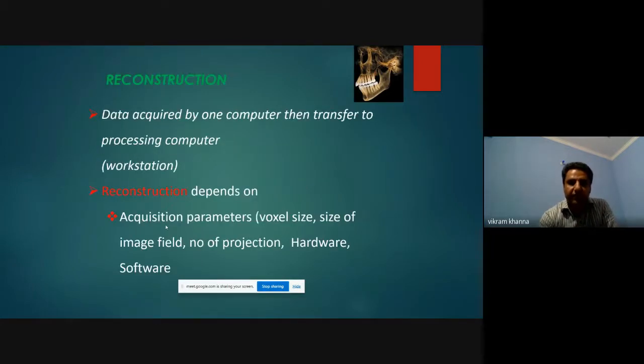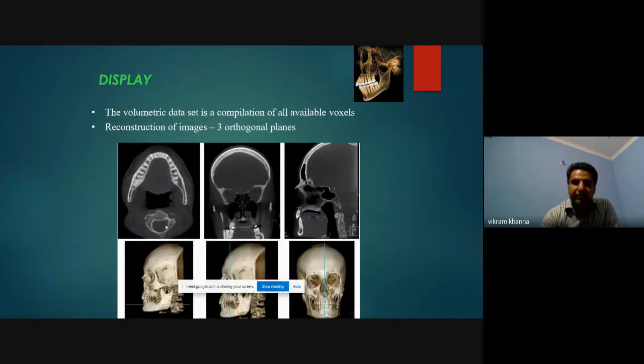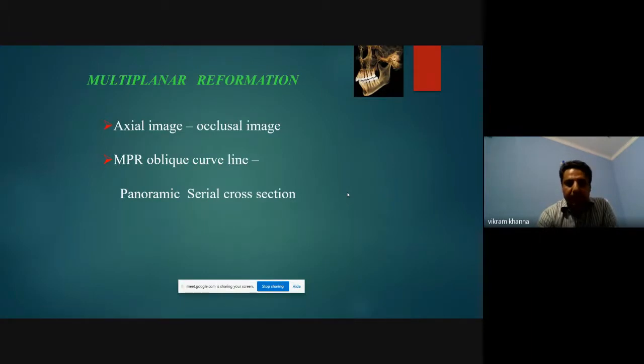After reconstruction, you can see all the planes: transverse section, coronal section, sagittal section. After that, you can see MPR, multi-planar reconstruction, which is panoramic. Panoramic sections can also be made out of it, like an OPG.